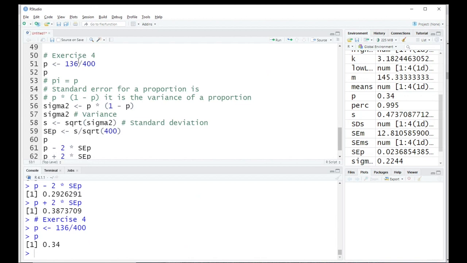And then we wondered, yes, in the sample there were 34% surviving insects. But what about the big population from which we took these 400 insects? What would be the proportion of surviving insects in the population?